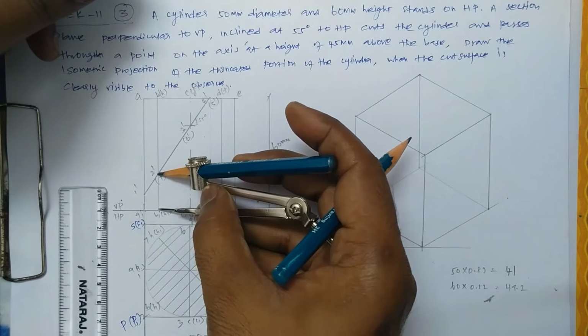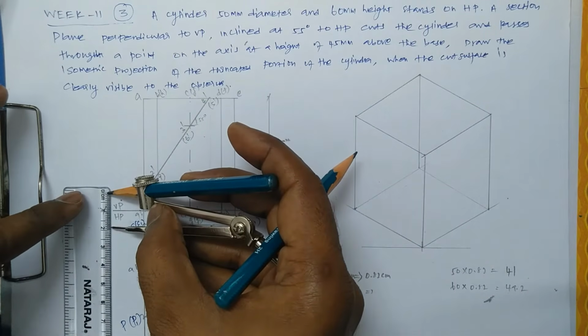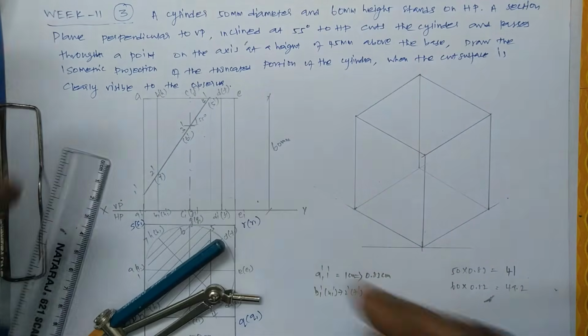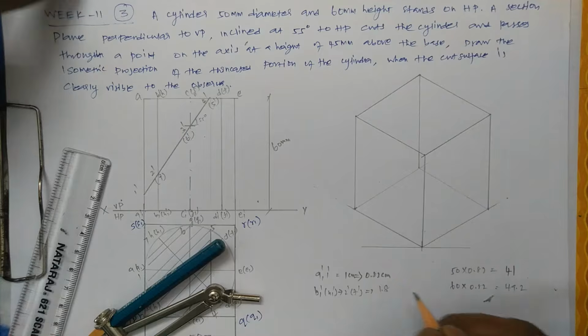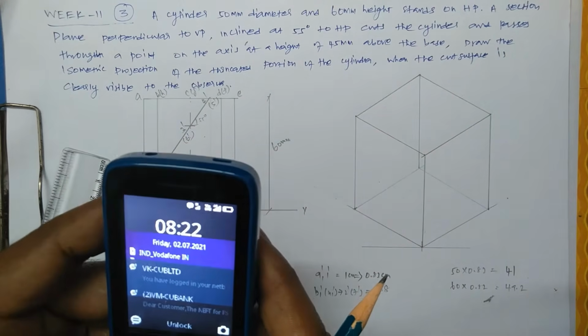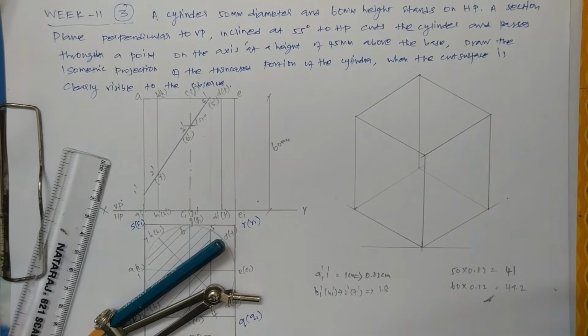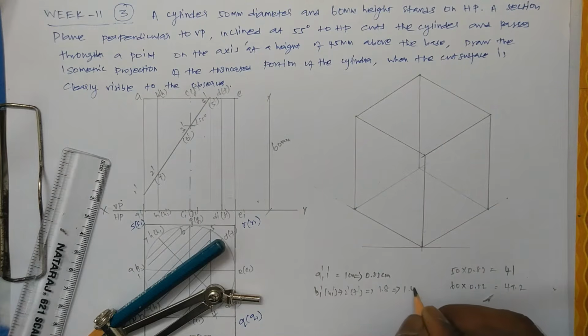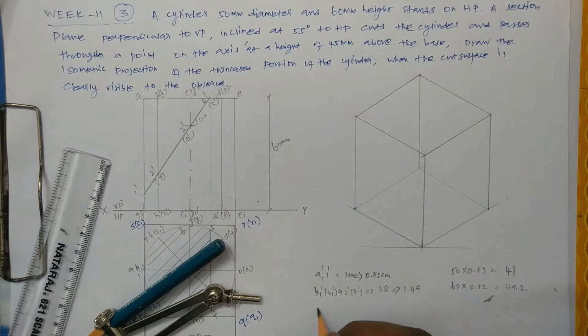It is almost 1.9 or 1.8. So let us make it 1.8. Let us multiply with 0.82. I don't have a calculator, so I'm doing it on the mobile. When you multiply it, it is supposed to be 1.47.